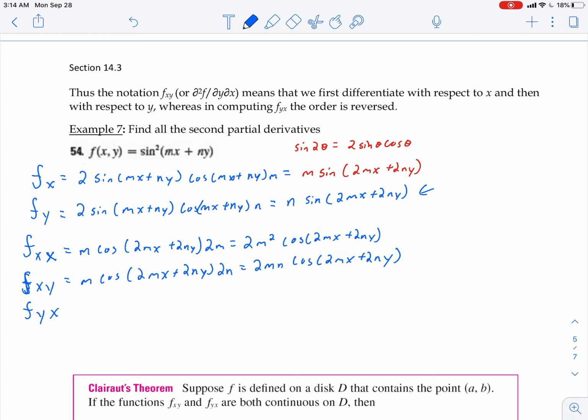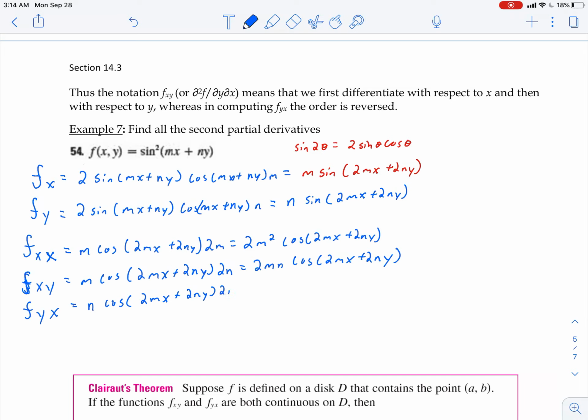Alright, now let's do the same thing, but taking the derivative of y first and then x. So now we're working with f sub y and taking the derivative of that with respect to x. And so I'm going to have n, derivative of sine is cosine, so cosine of 2mx plus 2ny.